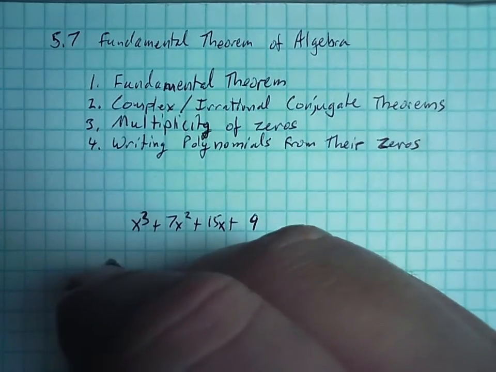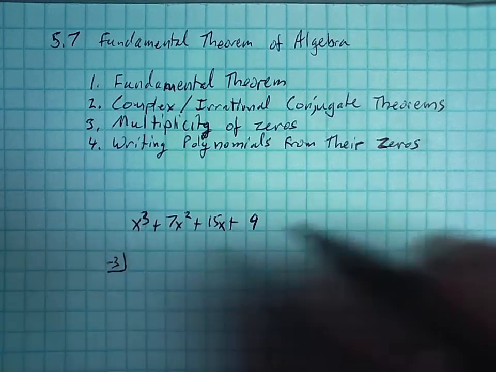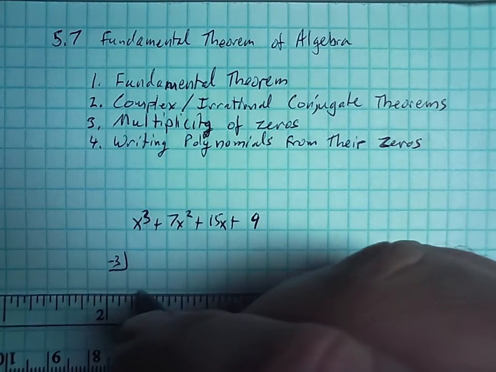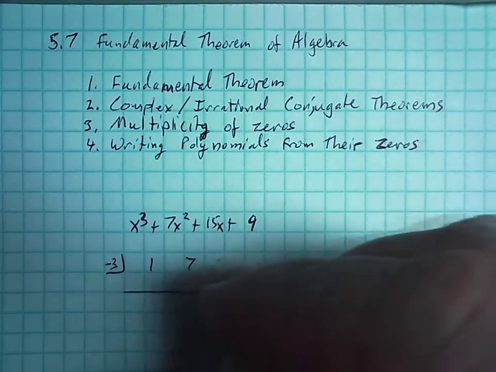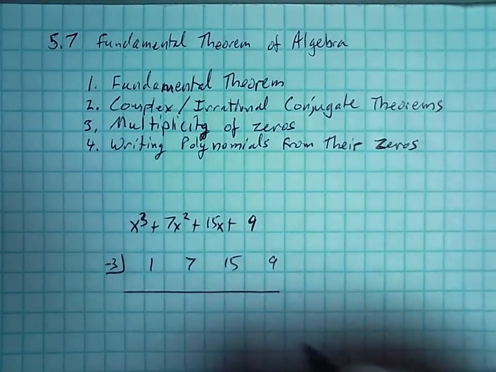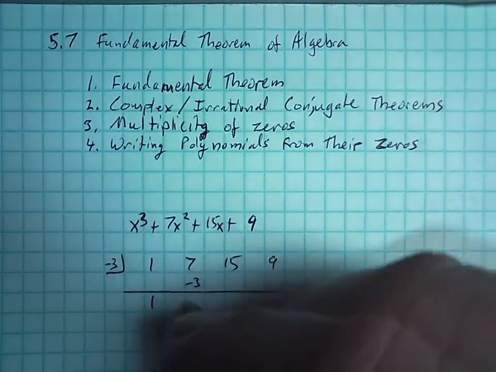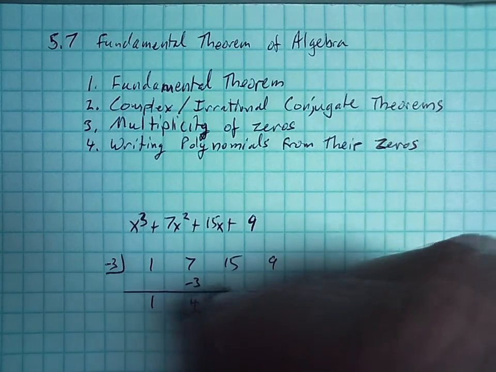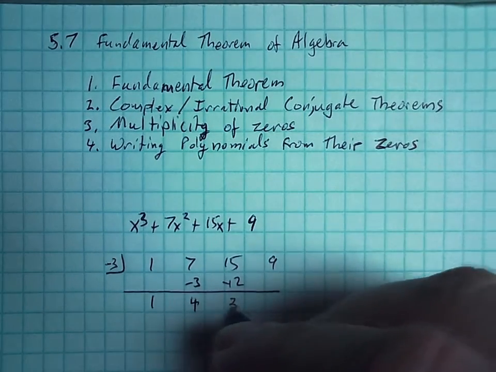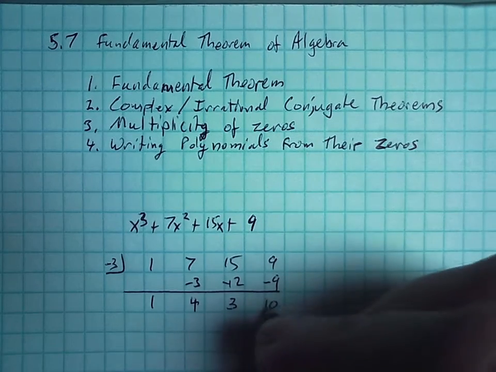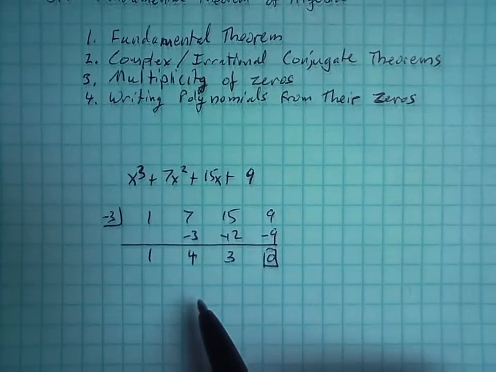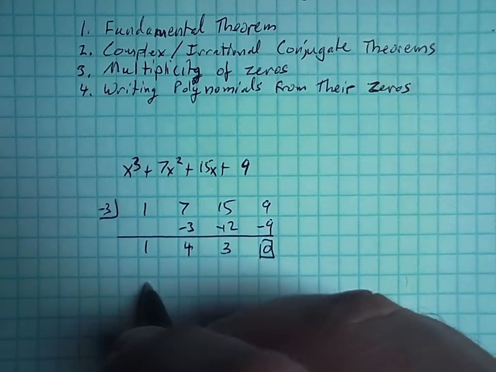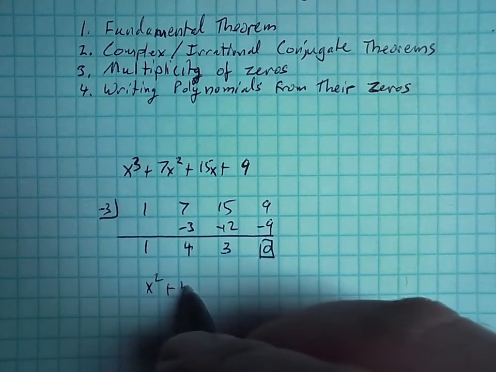So first I'm going to use -3, and I'm going to use synthetic division to start breaking down my polynomial. 1, 7, 15, 9. So that's 1, -3, 4, -12, 3, -9, 0, as expected. I could use synthetic division again, but this is already quadratic, so I should be able to just factor it.